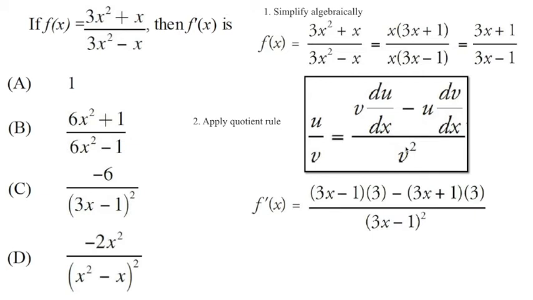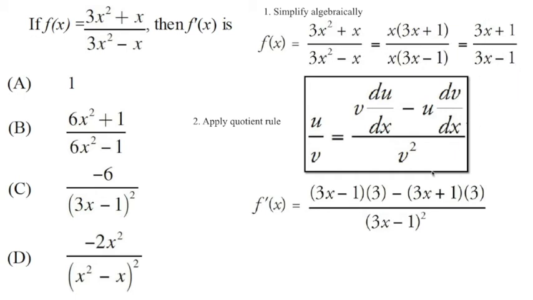And so if we just carry out the math here, then f prime of x is the denominator, 3x minus 1, times the derivative of the numerator. The derivative of 3 times a variable to the first power, or any such coefficient times a variable to the first power, is just that coefficient, minus u, or the numerator here, times the derivative of the denominator, which is the same because these constants just turn to 0.